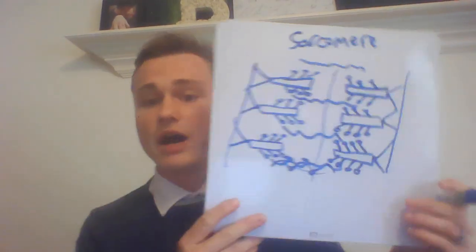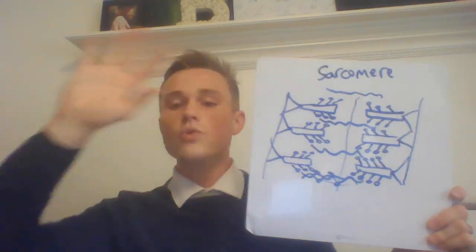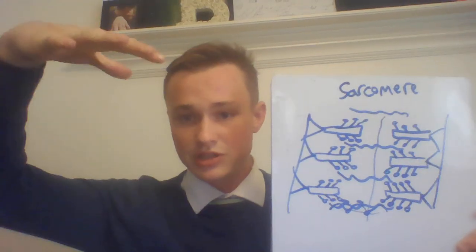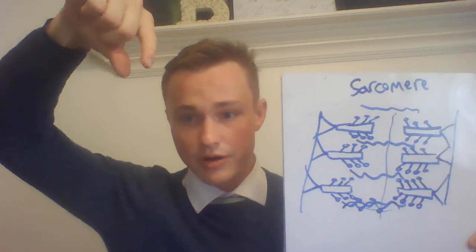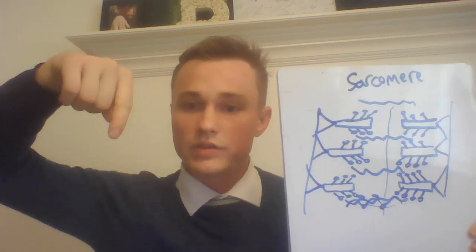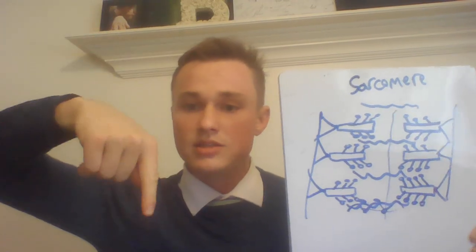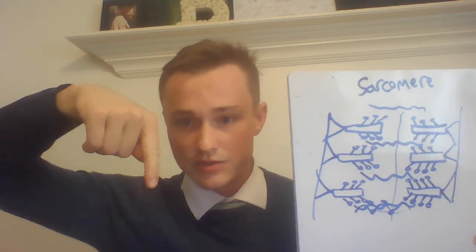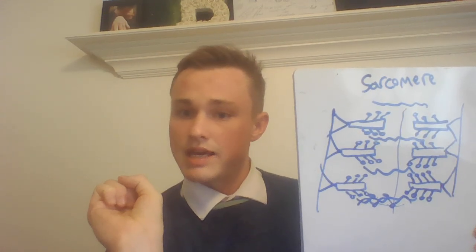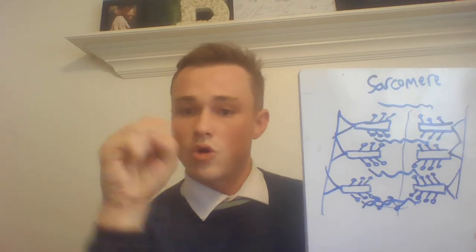So now let's go back to this whole point of what we're trying to make. Remember when we were talking about the neuromuscular junction, we have the motor neuron that releases acetylcholine. That acetylcholine is connecting to the N1 receptor, the nicotinic receptor, which is connected to that ligand-gated sodium channel, which opens.